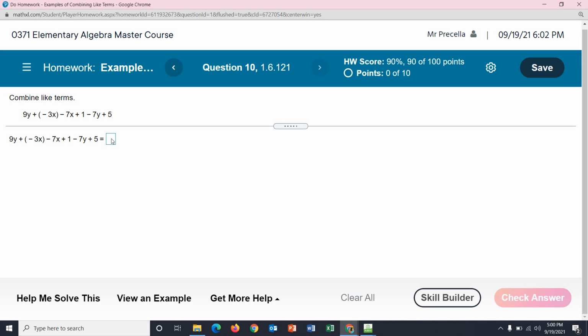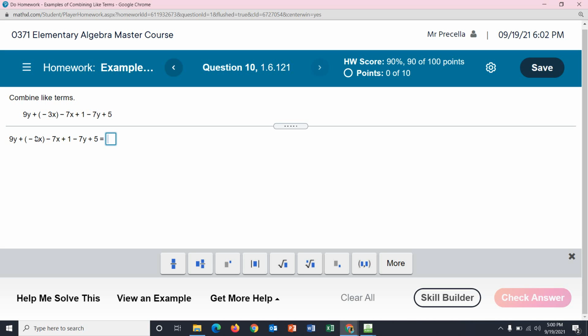Now, let's see. Oh, this one looks pretty involved. There's a y term, an x term, another x term, a constant, y, constant. So, which ones do you combine first? It doesn't matter.